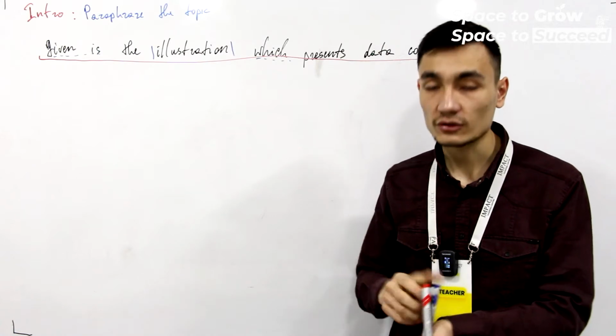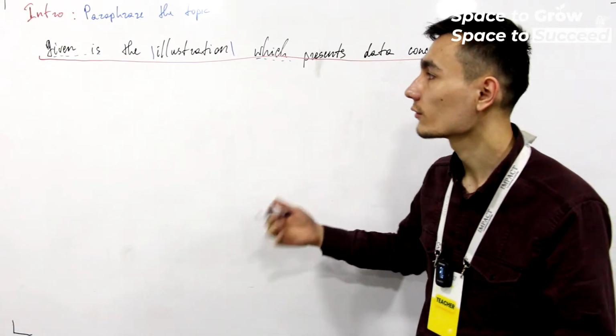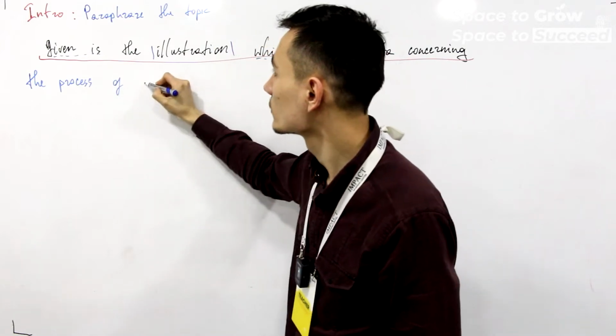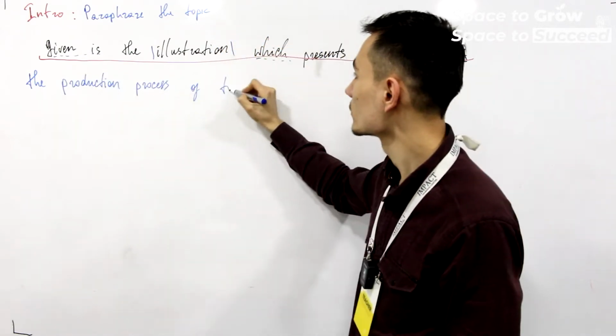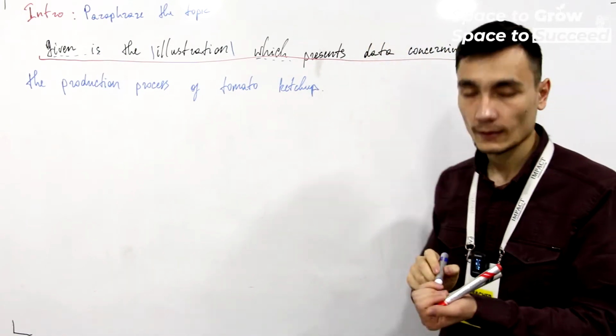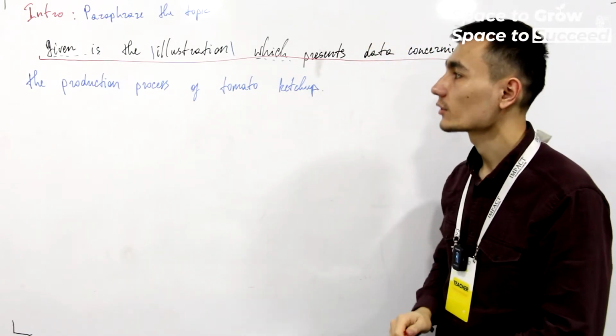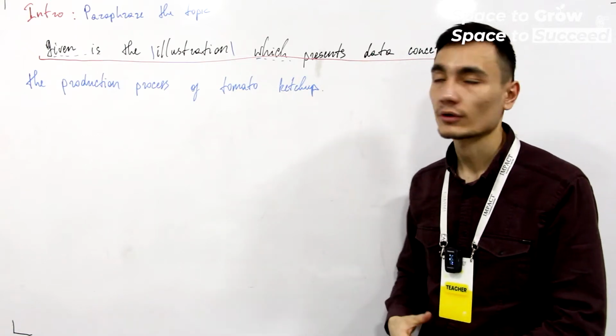So we have to change the structure itself to get a higher score, and we use the structure of the. And as you see, we wrote the production process of tomato ketchup. So that's the end of our introduction.